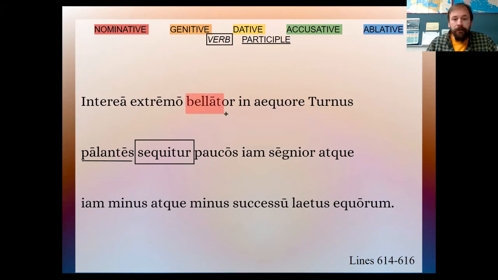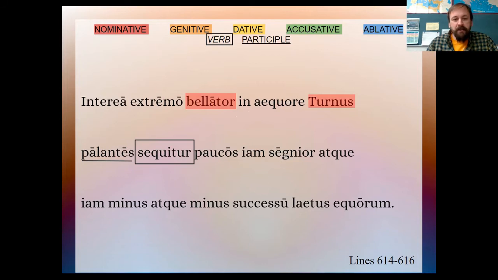It means a warrior. We have a subject, the warrior. Turnus is also a subject. Palantes might be. It could be nominative. So let's check the verb. If it was nominative, it'd have to be plural. Sequitur, that ain't no plural verb. So palantes must be accusative. We'll get back to that.